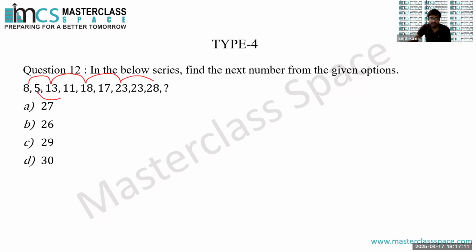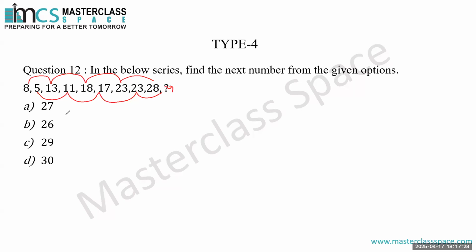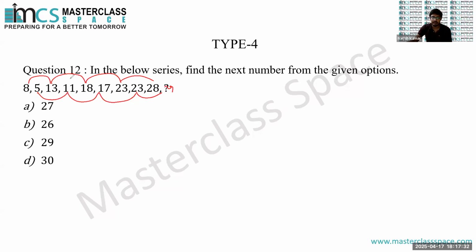And 5 to 11, 17, 23 plus 6 is 29, right? So what is happening here? Two series are given side by side. So therefore the answer is 29. How many of you understood this? Yes, there are two series going on side by side.